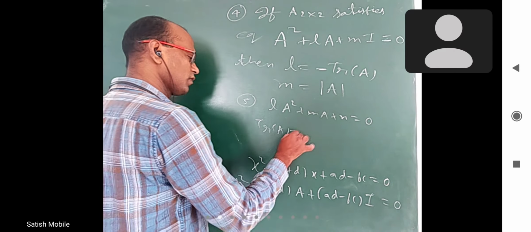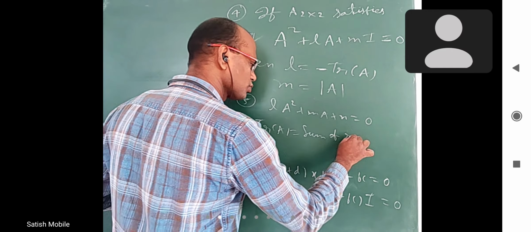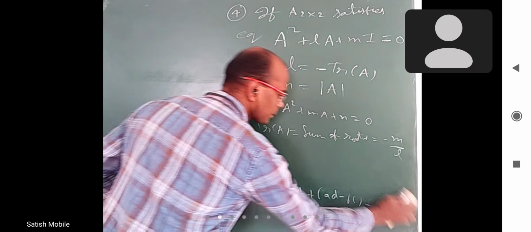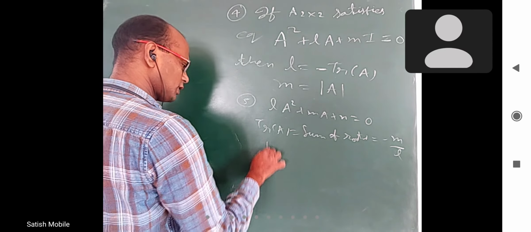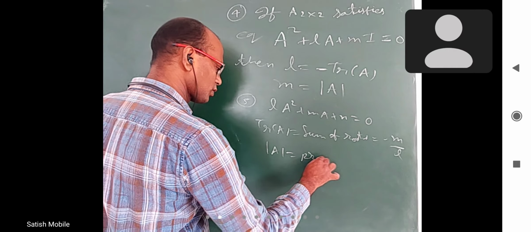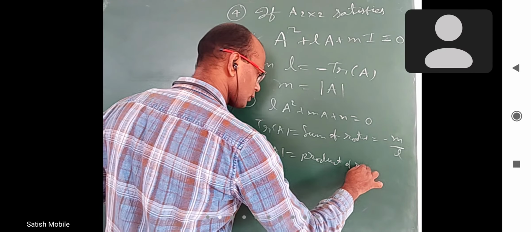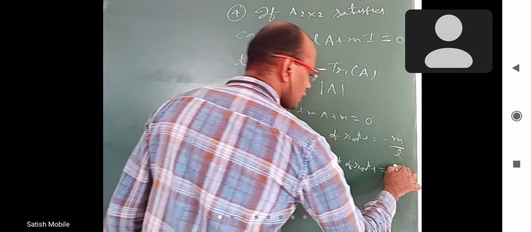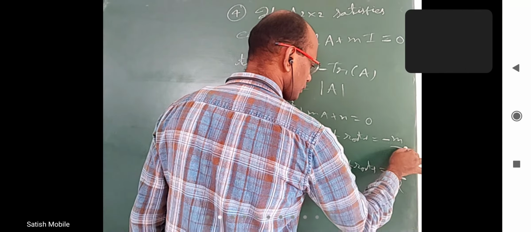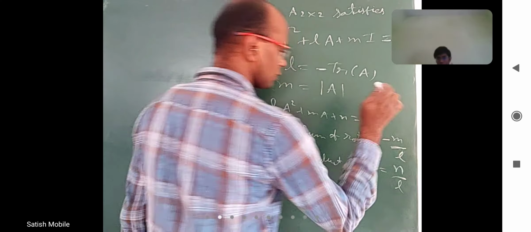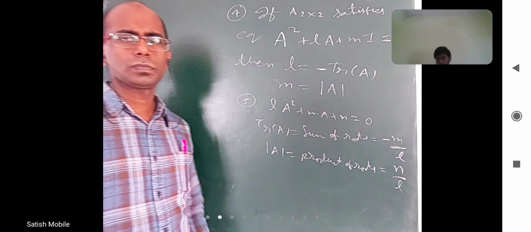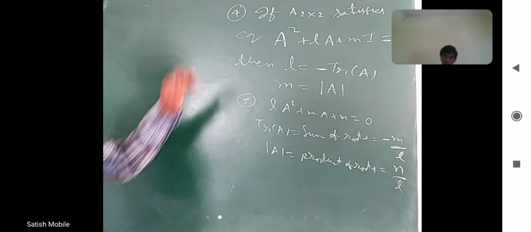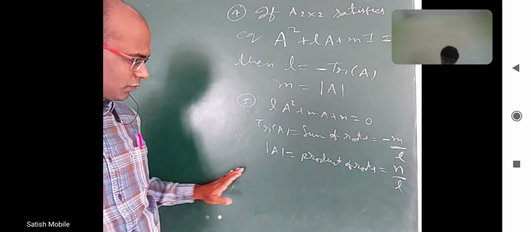Trace of A will be nothing but the sum of roots, which is minus M by L. And determinant of A will be the product of roots, which is N by L. Is it okay now? This is for 2 by 2. We will see later on for 3 by 3 what will happen.